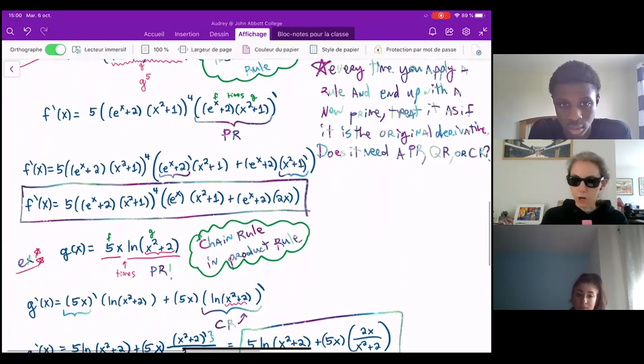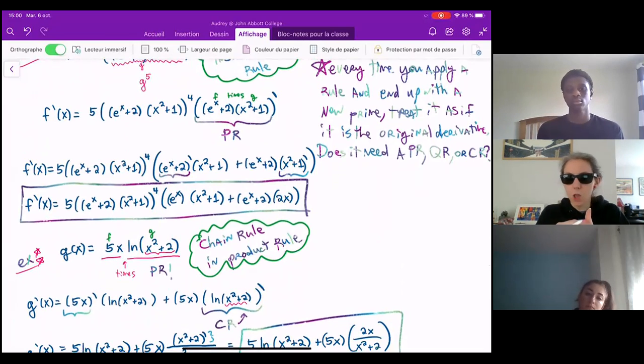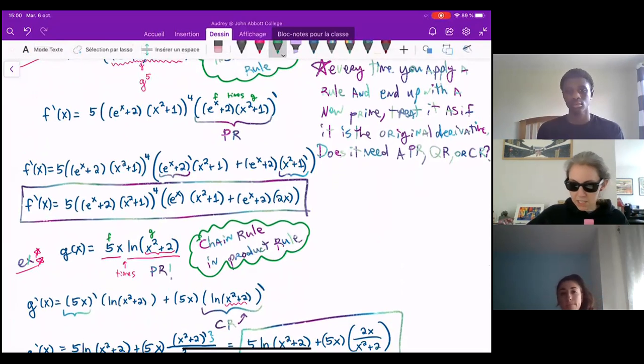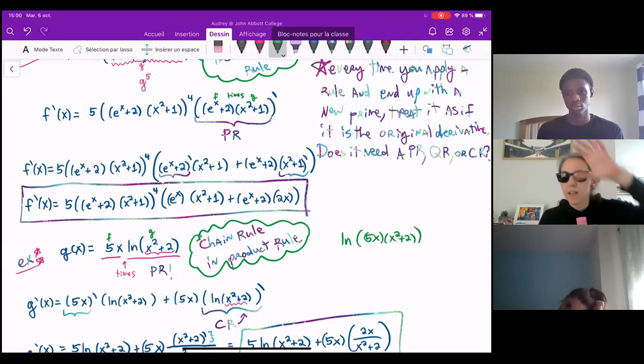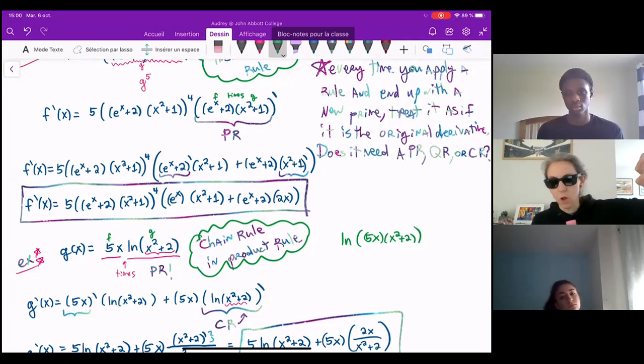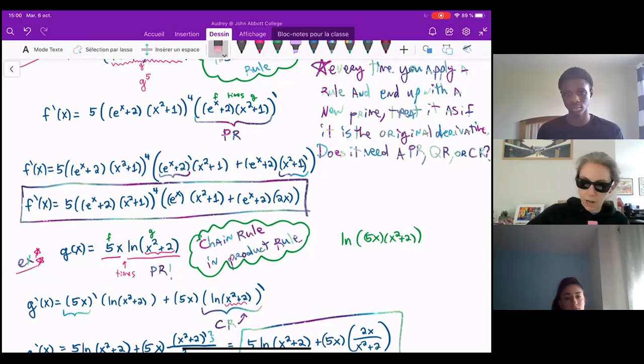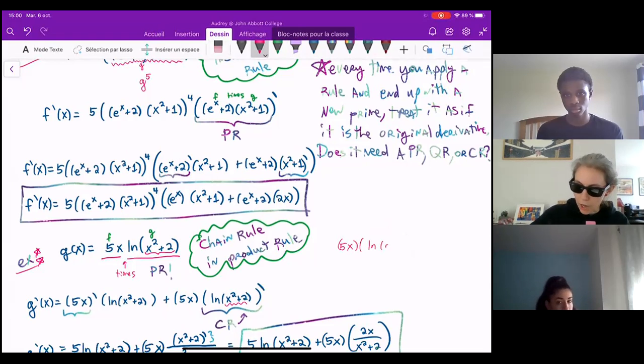Whereas here, do I have everything to the same power? No. Is everything inside of my ln? It's not like I have 5x times x squared plus 2 inside of my ln. That 5x is on the outside of my ln. If I were to rewrite this, it would kind of look like 5x times ln of g.